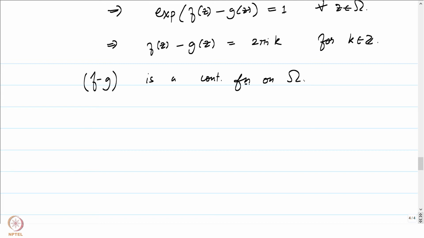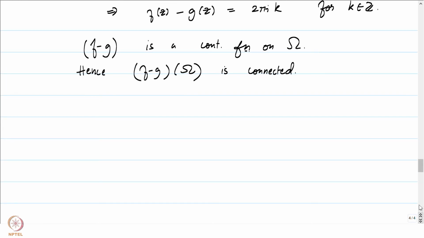The most important aspect here is that omega is connected, and therefore the image of omega under f minus g is going to be a connected set. But we know that f minus g of z is equal to 2 pi i k for some k in integers. It cannot be some arbitrary value in the complex plane.